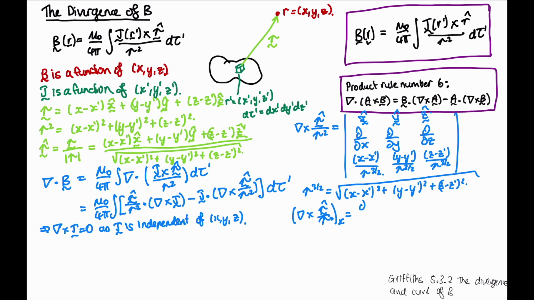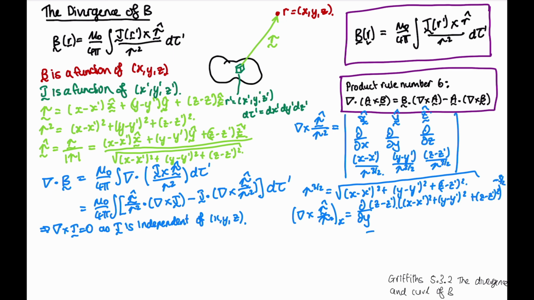This is going to be d dy of z minus z prime times x minus x prime squared plus y minus y prime squared plus z minus z prime squared, and this is all to the minus 3 on 2.